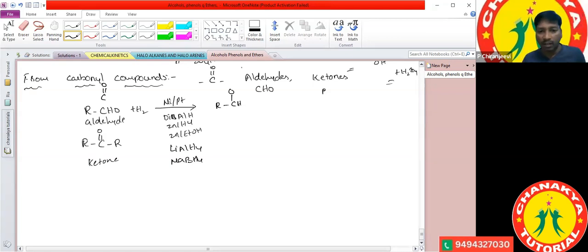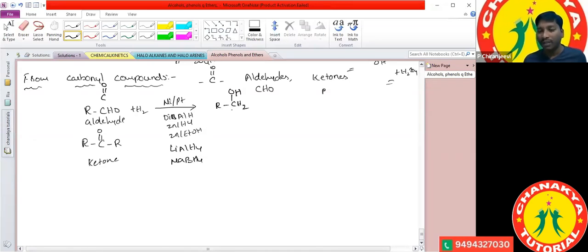Here CH and H are there, so we are adding a hydrogen molecule. If you add the hydrogen molecule, CH is converted into CH2, and the pi bond is replaced by two hydrogens. That means the oxygen is attached with one hydrogen. If it is attached with hydrogen, it is converted into alcohol only.